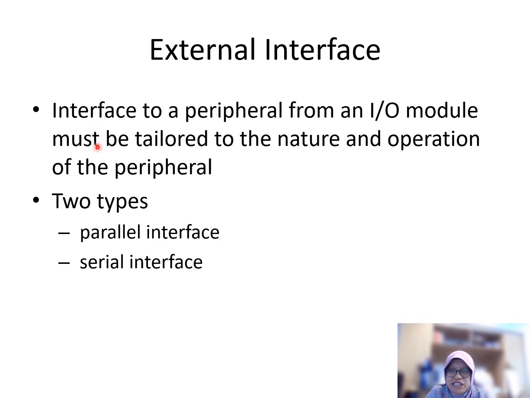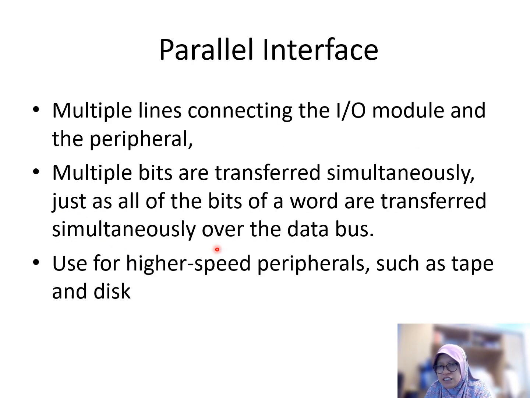The interface to a peripheral from an I/O module must be tailored to the nature and operation of the peripheral. So when you want to connect to a monitor, you need an interface that is tailored to the nature and the operation of the monitor. There are two types of interface that we can have here: parallel and serial.